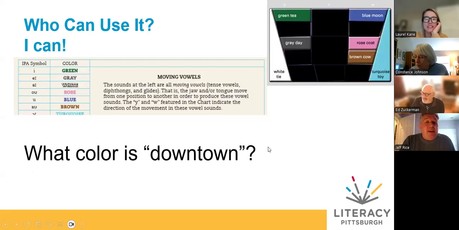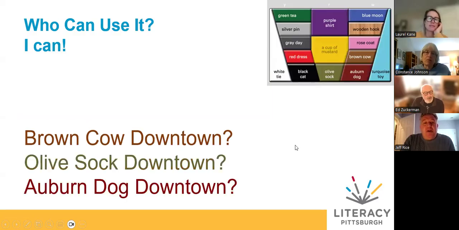On the other hand, if you are from Pittsburgh and grew up with the accent here, what color is downtown? Downtown. I would say downtown is brown cow downtown, but some people might say olive sock downtown or auburn dog downtown, a little bit different.